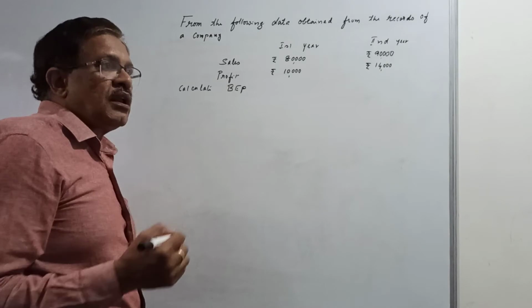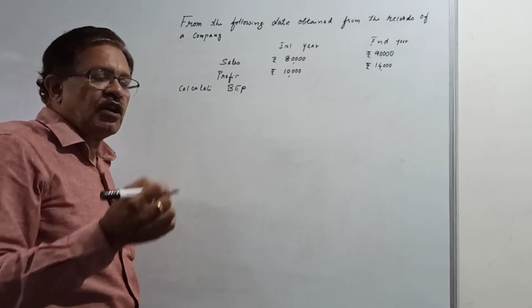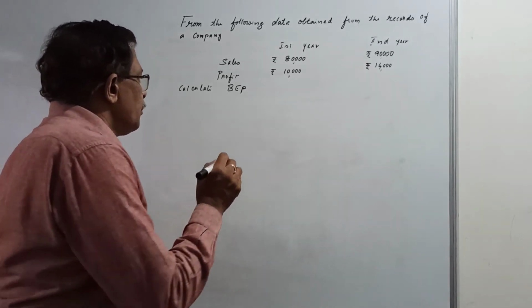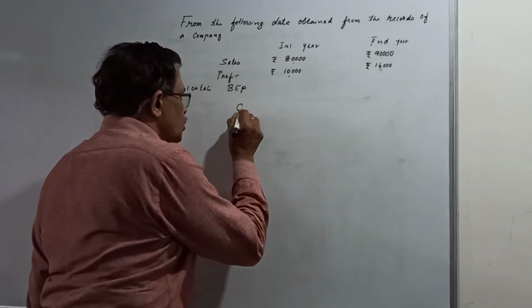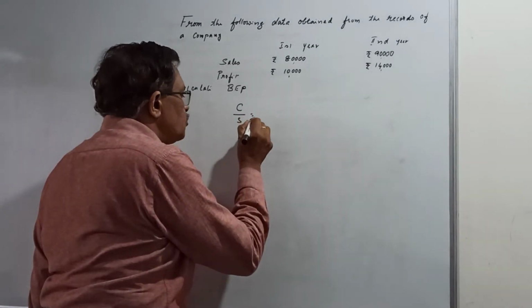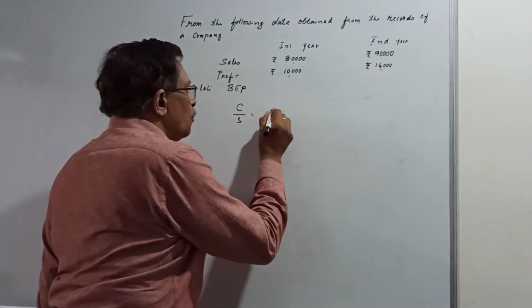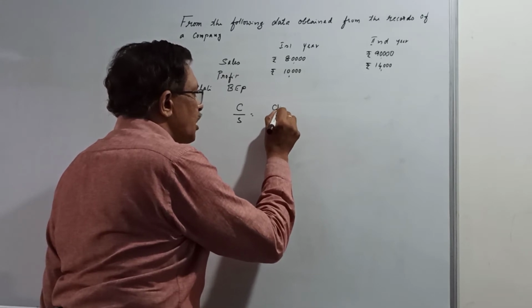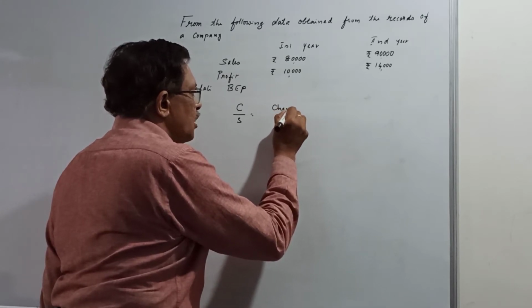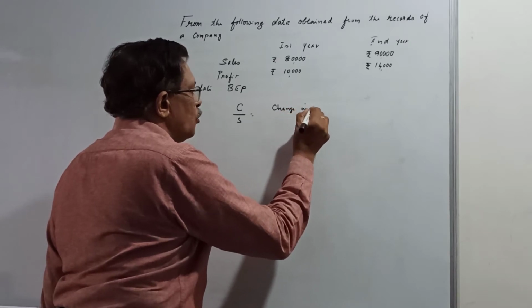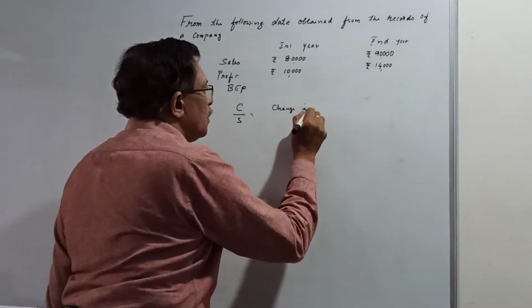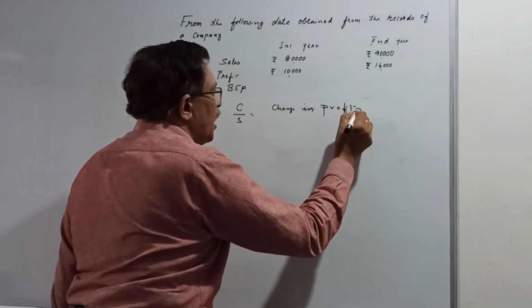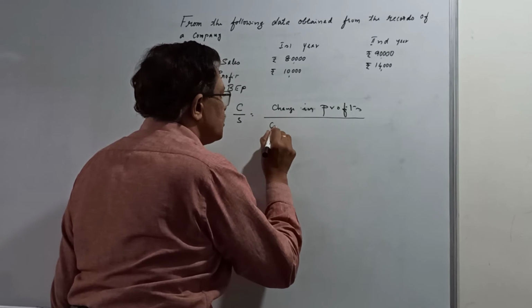In the introductory video, I have stated that the PV ratio or the C by S ratio can also be found out by using a formula where we take change in profits in the numerator, and that has to be divided by change in sales.